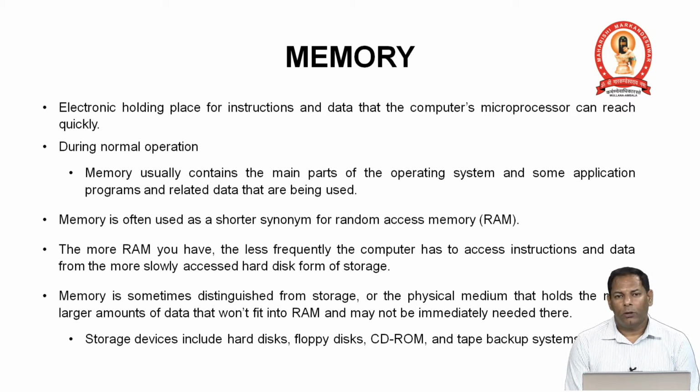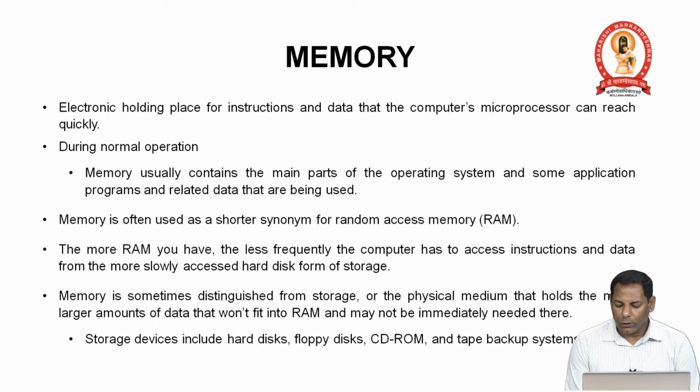Today, on average, a computer has a minimum of 4 GB memory. The larger the memory, the less we will need to transfer data from the storage device, which is not as fast to access as RAM.